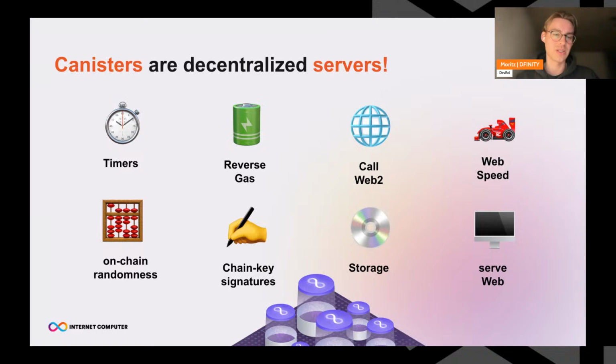You specify the URL you want to call, the type of request you want to make, maybe a POST or a GET HTTP request, headers, and of course also a payload. Very straightforward. Then the smart contract makes this HTTP outcall, and the information is available in the context of the contract.